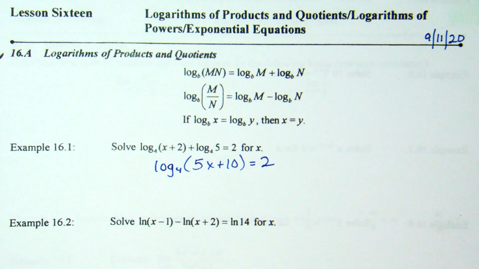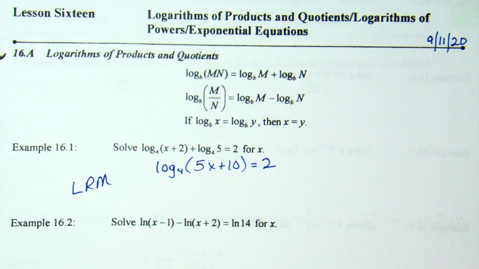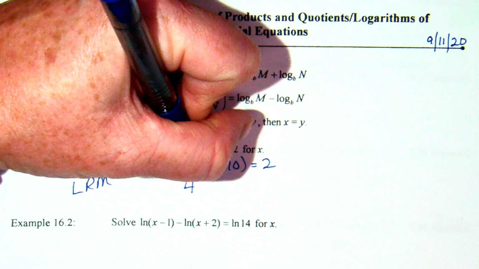Yeah. Left, right, middle? Because once it's in log form, you can take it out of log form by applying left, right, middle. So left, right, middle is going to say 4 to the second equals 5x plus 10. 4 squared is 16.